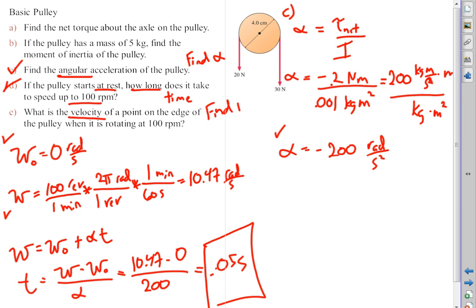Last part, part E. What is the velocity of a point on the edge of the pulley when it is rotating, that's the whole object, at 100 RPMs? So at that final velocity. If you can imagine as this pulley is spinning round and round, there's a point on the end, and it has, as we've talked about before, a velocity.